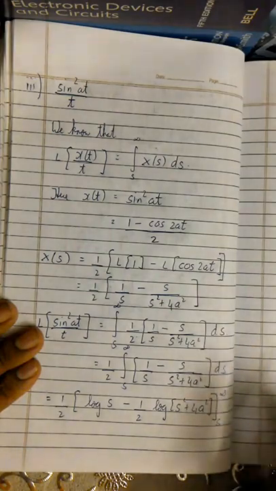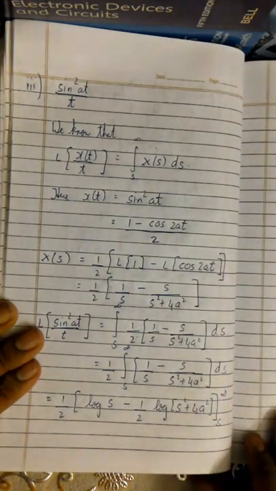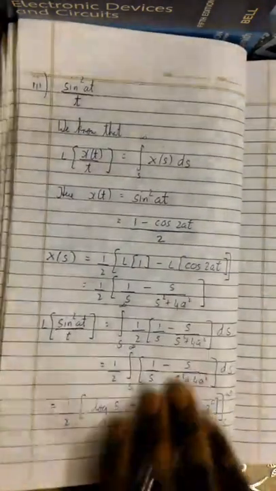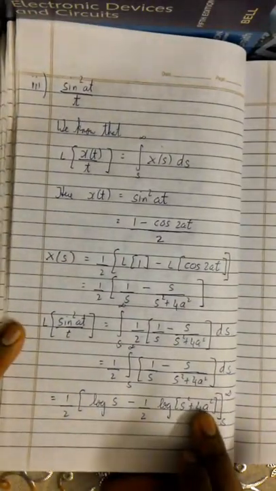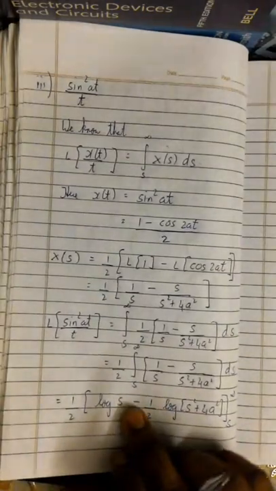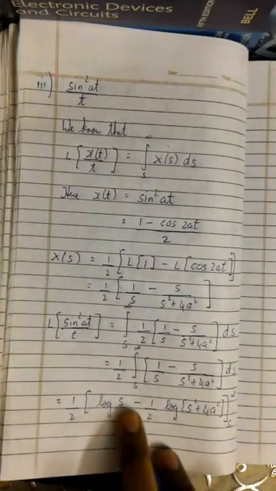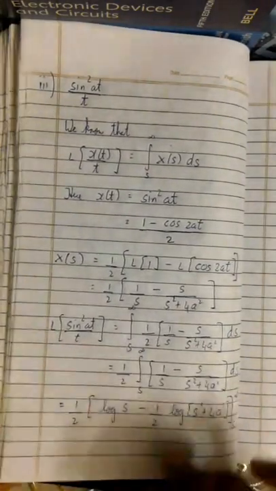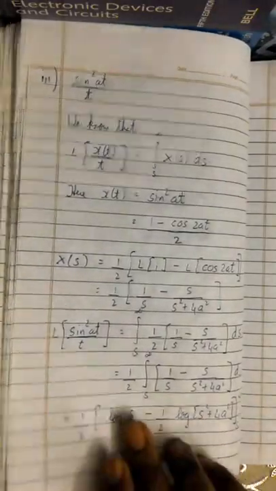This 1/2 can be taken as a power, so it will become the root of s² + 4a². And this minus, if I want to combine these two, will become division; the two factors become reciprocals of each other.